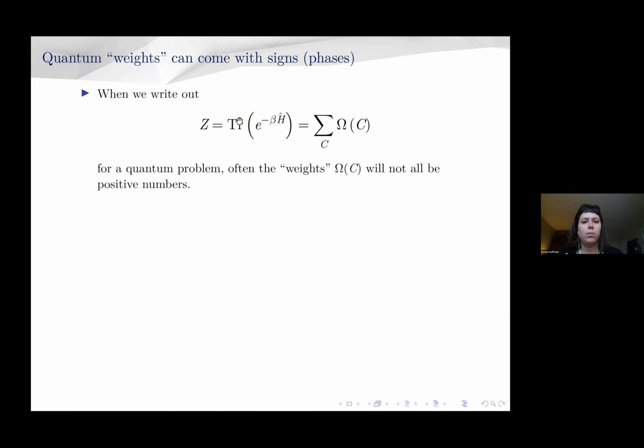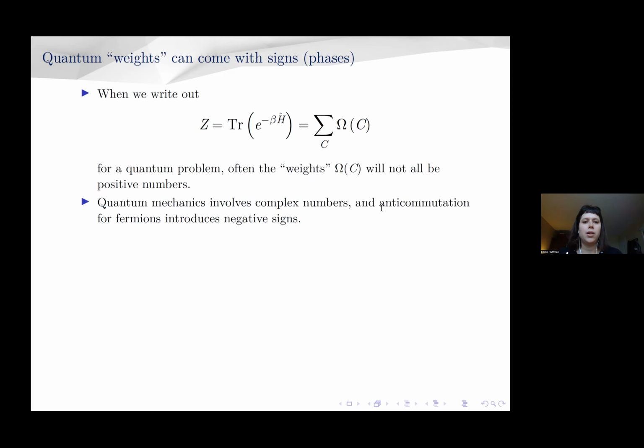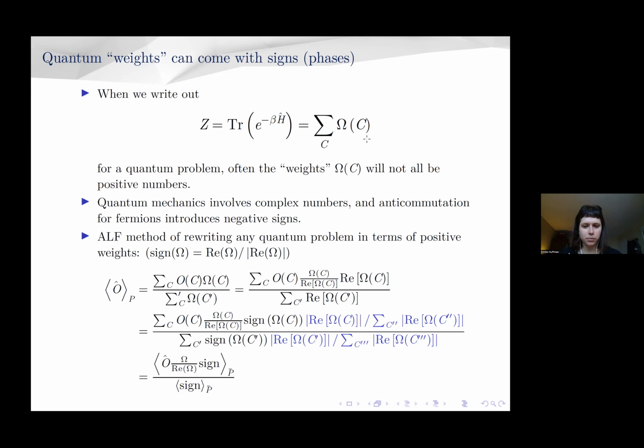So when we write down this trace of e to the minus beta H in general and write it as a sum of omegas dependent on c's, oftentimes the weights will not all be positive numbers. In fact, since quantum mechanics involves complex numbers, in general, they'll be complex. And in particular for fermions, thanks to the anti-commutation coming from the Pauli exclusion principle, we get negative signs. So there's a specific negative sign problem for fermions in particular.